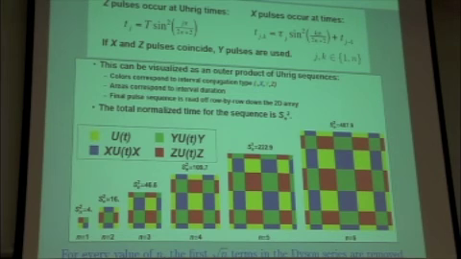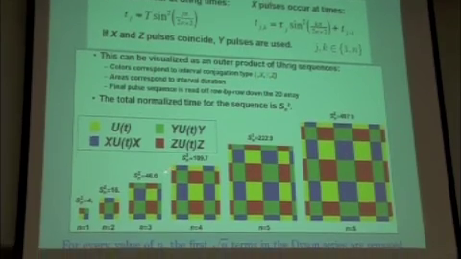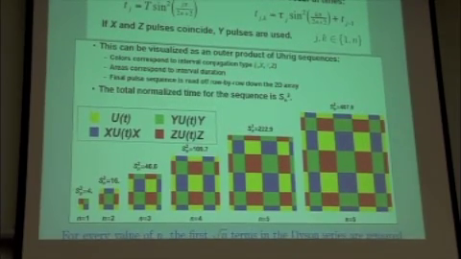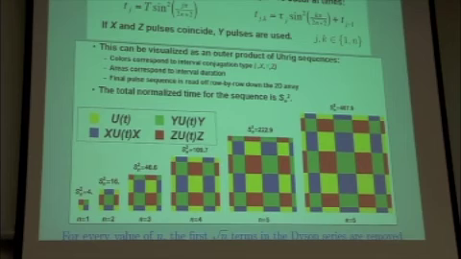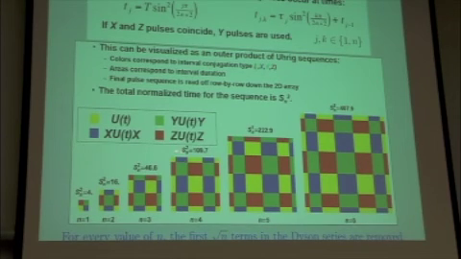Yellow is free evolution, the area here is the interval between pulses. So apply free evolution for an area that's yellow, then apply XYX for this area, etc., and read it off going row by row. So you walk down this diagram. Okay, that's the pulse sequence. I hope that helps.